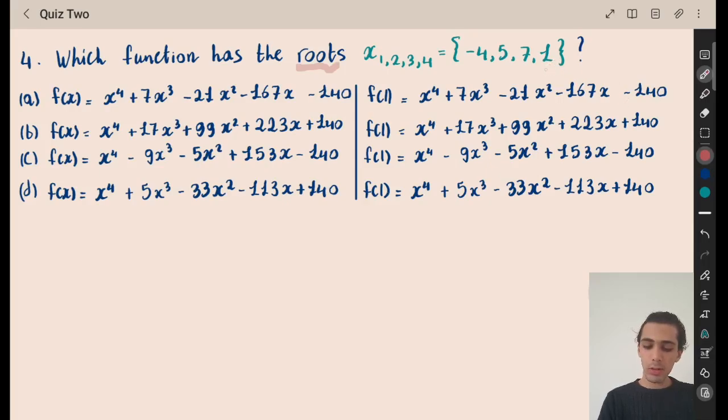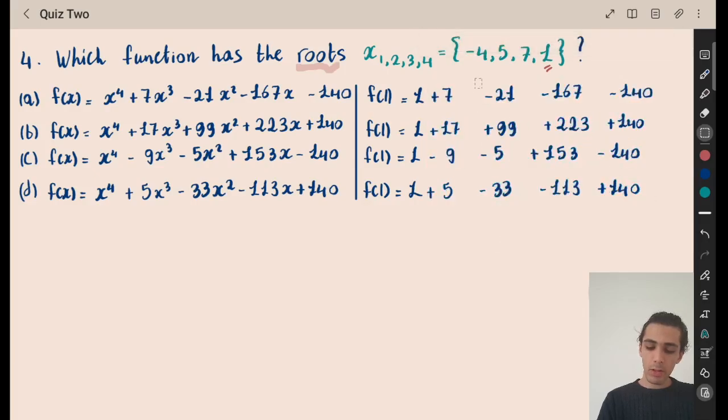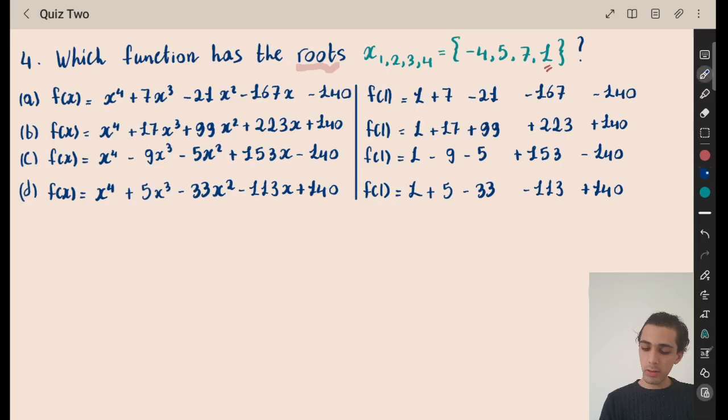And as you already see, I've already made my choice of trying out the number 1, because it's computationally very cheap to compute. Multiplying by 1 is just nothing. And immediately we see that the first choice gives us 8.